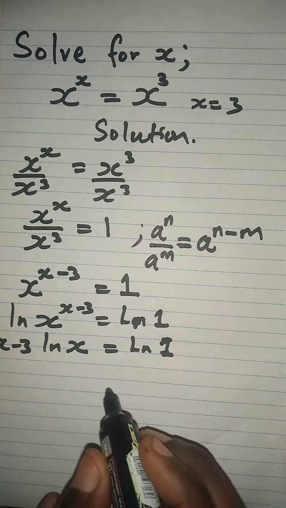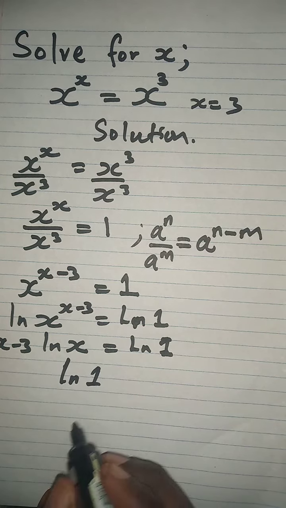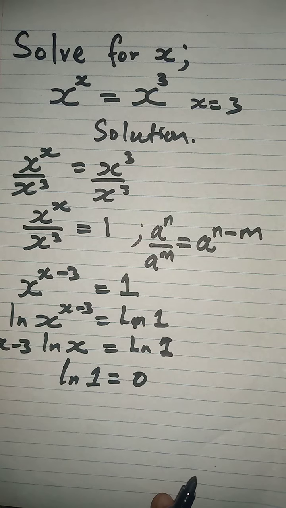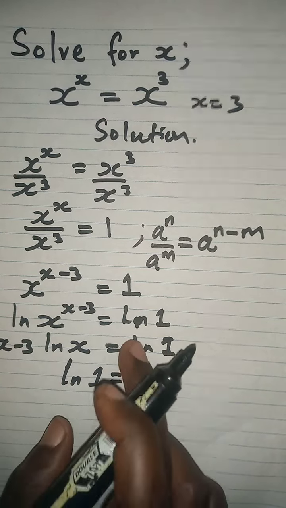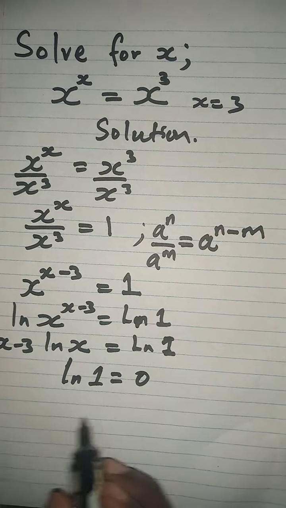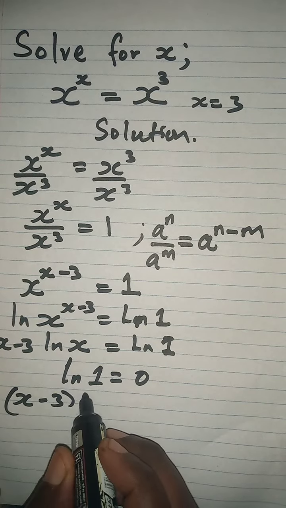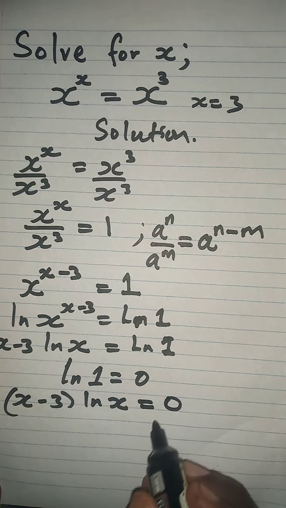Recall that the natural log of 1 is 0, so x minus 3 multiplied by the natural log of x is equal to 0.